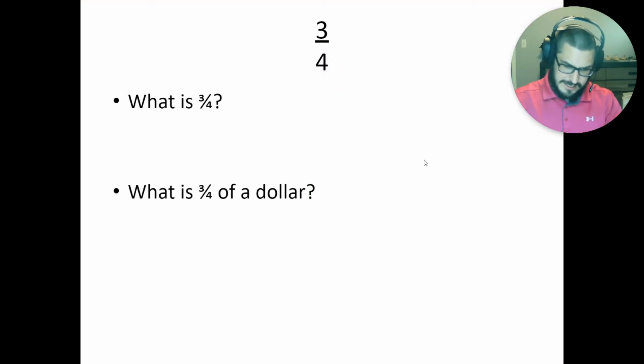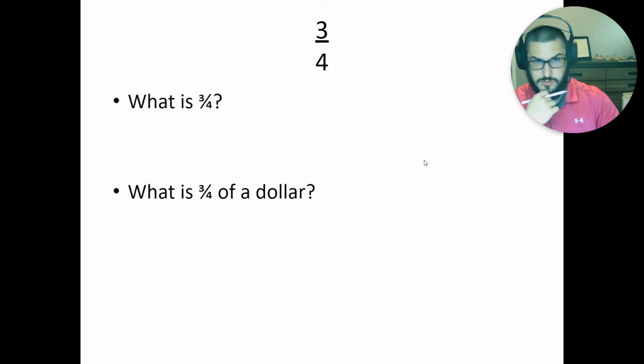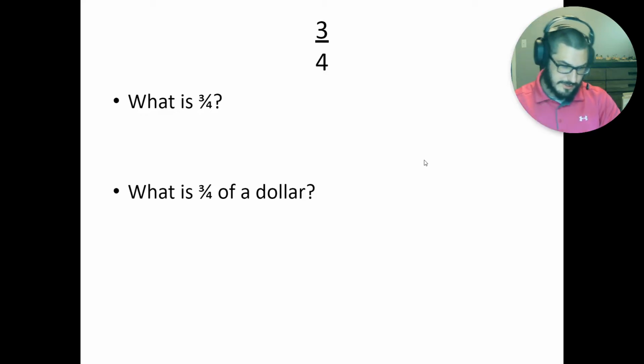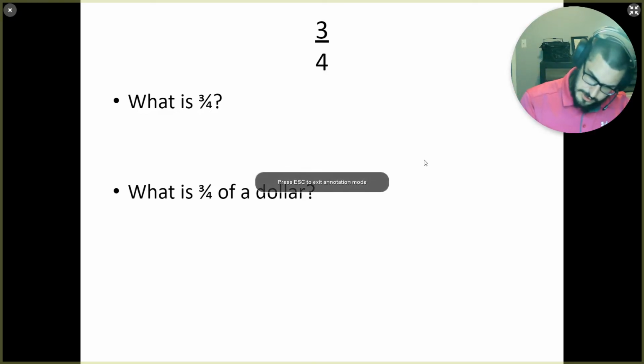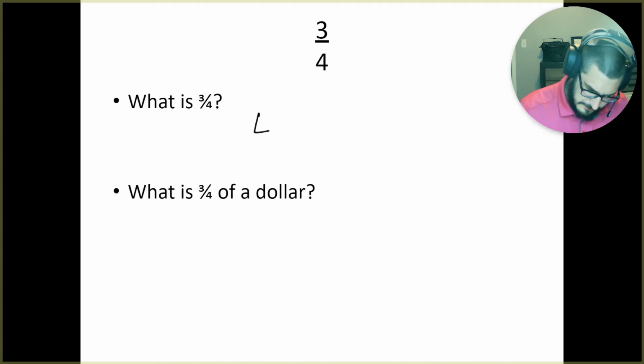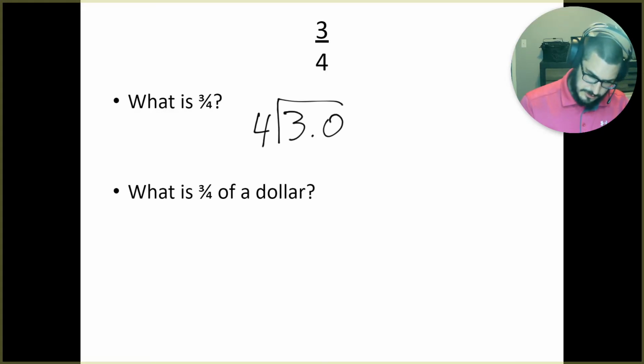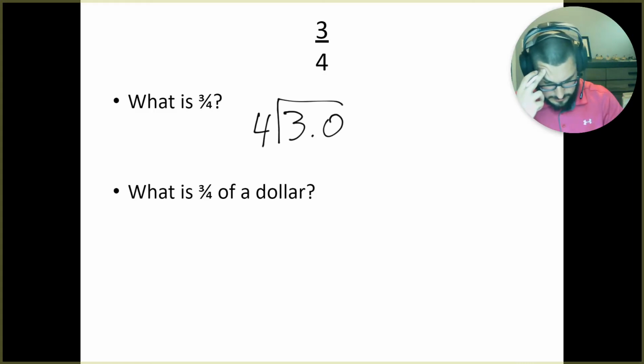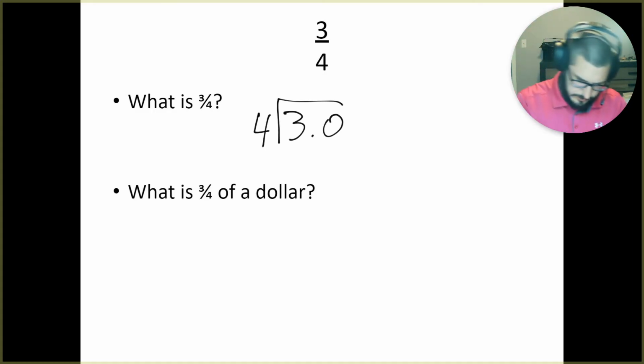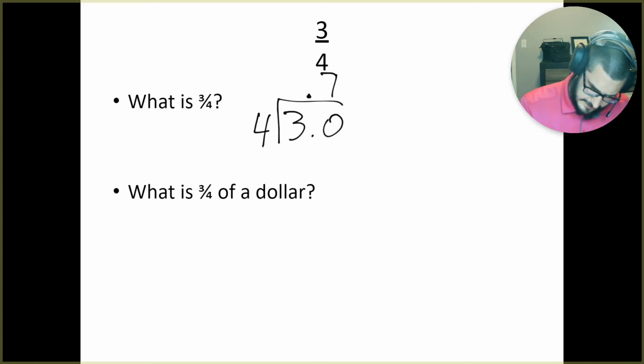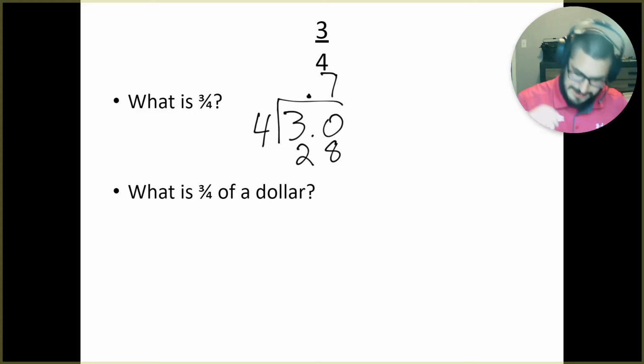Let's look at, say, 3/4. What's 3/4? And if we look at that in long division, we've got 4, 3. We've got to add that decimal. 4 goes into 30. That's going to be 7, which will be 4 times 7 is 28.